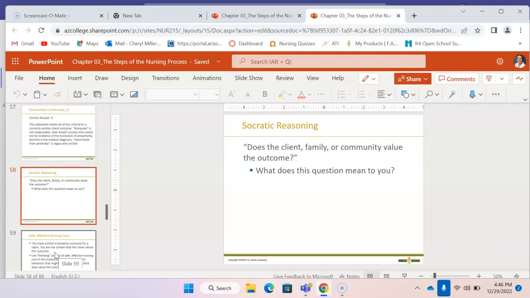If I like ice cream, do you think I care if you want me to lose 10 pounds by Friday? Not really. This is the question of making sure that it meets the outcome to the patient and the patient's goals. Make sure that it's patient specific, not what I want. It's not about you. It's all about the patient.